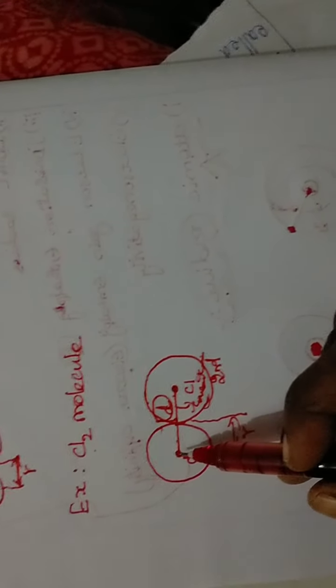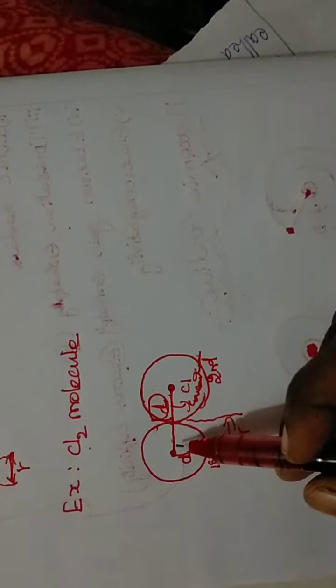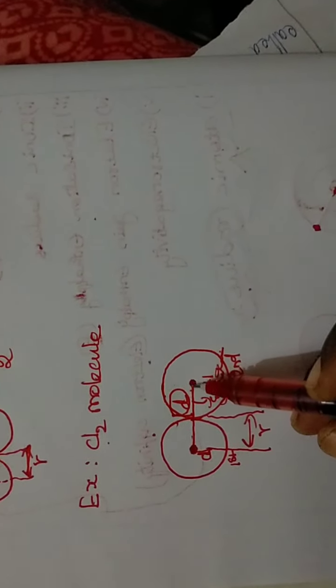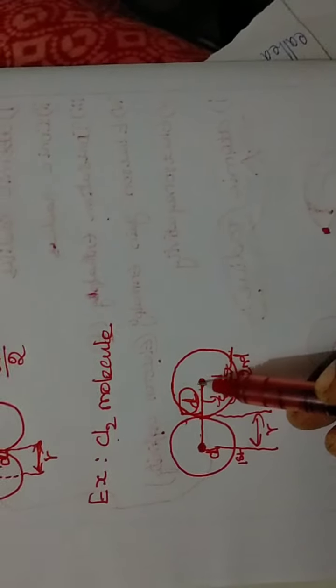So how to measure the distance between these two chlorine atoms? It is measured from the center of the first chlorine nucleus to the center of the second chlorine nucleus. So this is D.